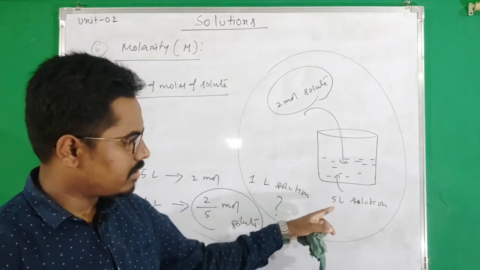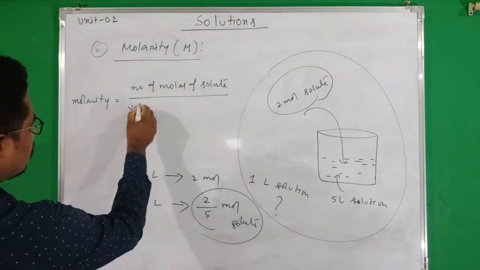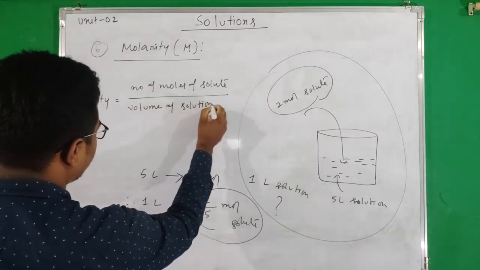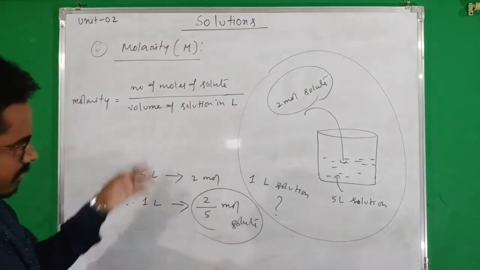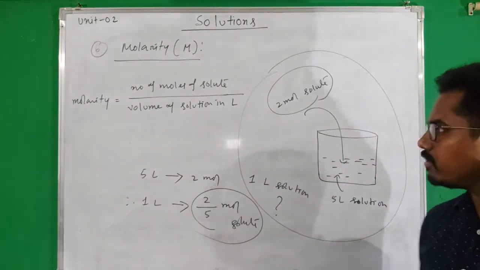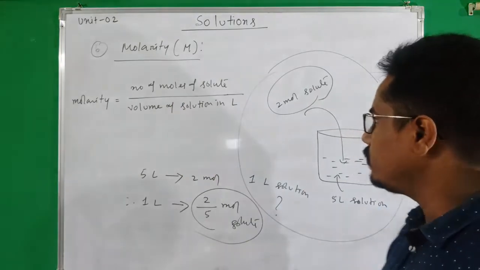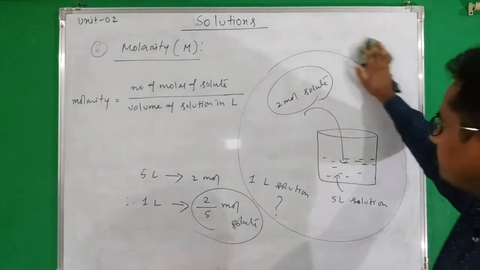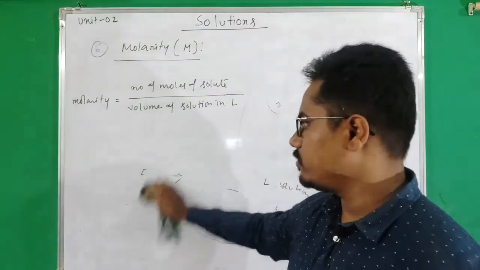The unit of volume here is liter, so volume of solution in liter. This is the formula for molarity of a solution. That means molarity equals the number of moles of solute divided by the volume of solution in liter, and the definition of molarity is the number of moles of solute present per liter of solution.